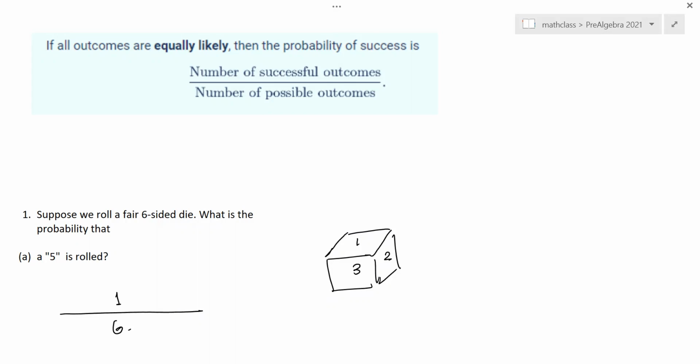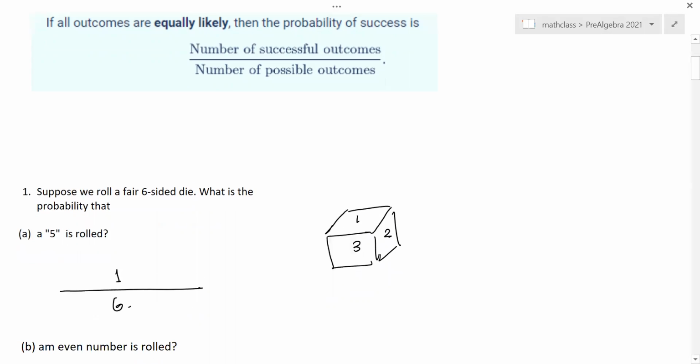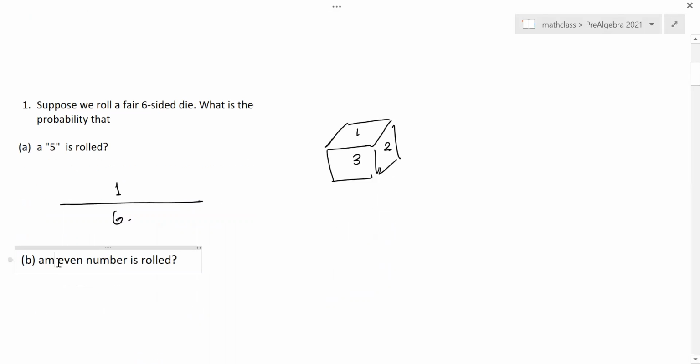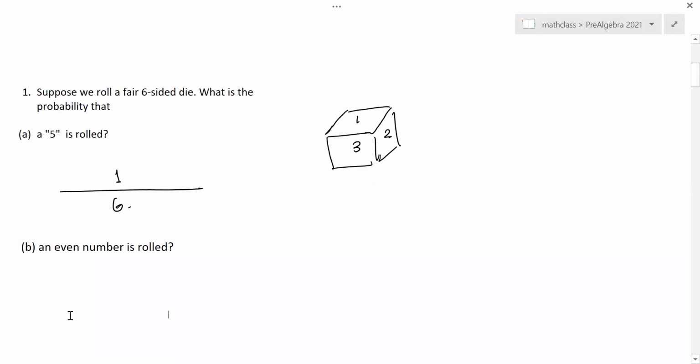Let's take a look at the next problem: an even number is rolled. For the denominator, the number of possible outcomes is still 6, because from 1 to 6 you have 6 numbers. The even numbers among the 6 numbers are 2, 4, and 6.